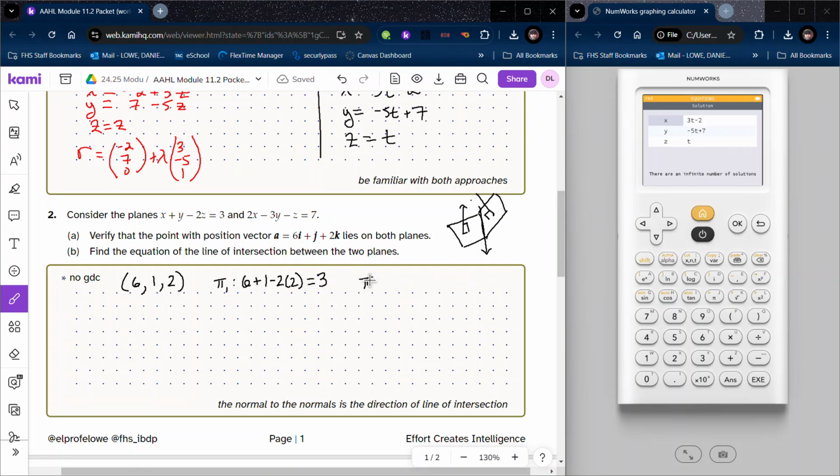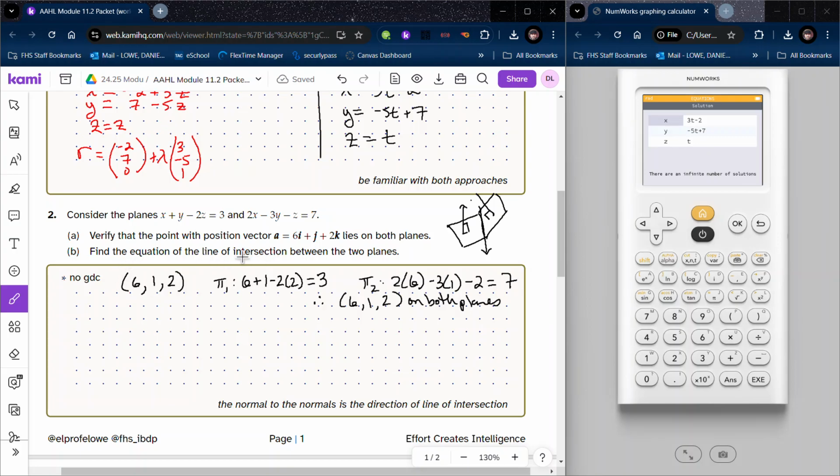And if we look at plane 2, that's 2 times 6 minus 3 times 1 minus 2, which gives us 12 minus 5, and that's equal to 7. So therefore, we know that 6, 1, 2 is on both planes. So that point must be along the line of intersection.